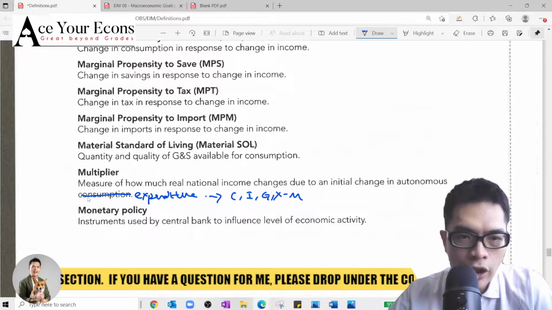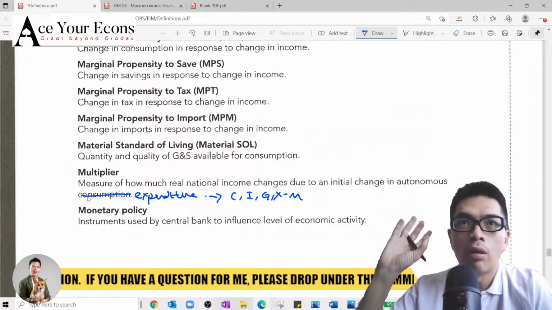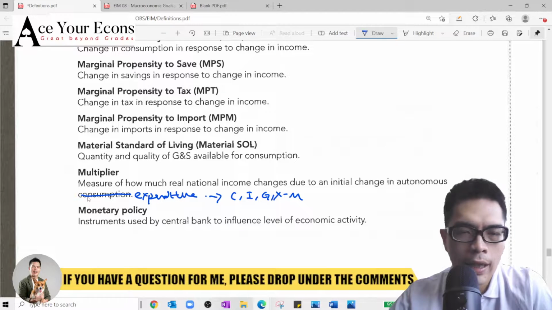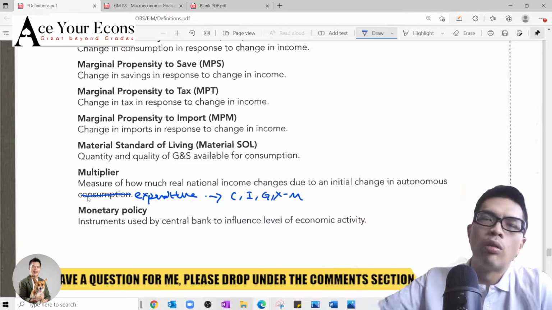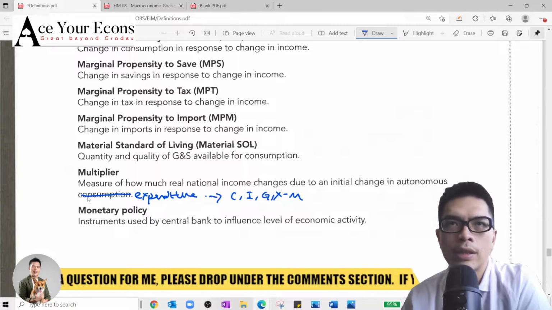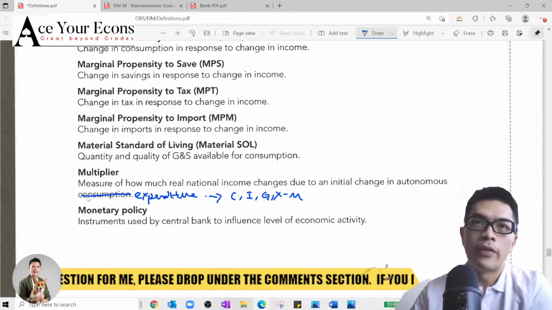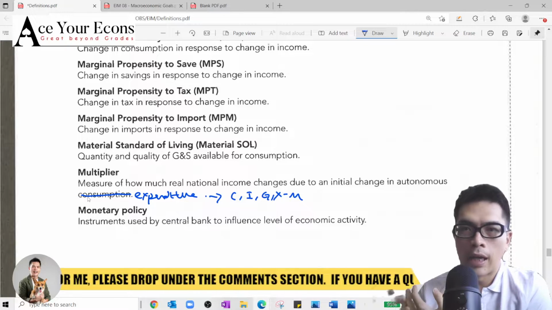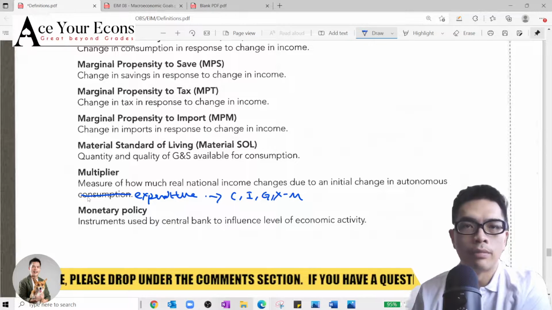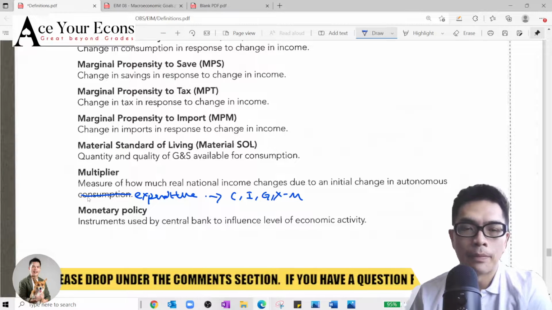In a nutshell, the whole idea behind today's lesson is this. You realize that in our answer keys, I have the simplified multiplier process, and you see that there are multiple cycles of spending and respending.